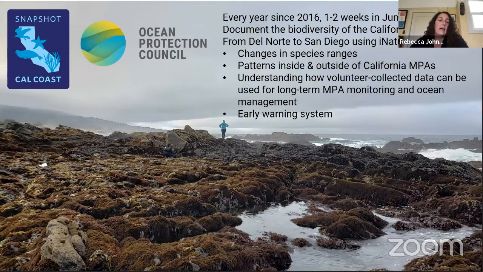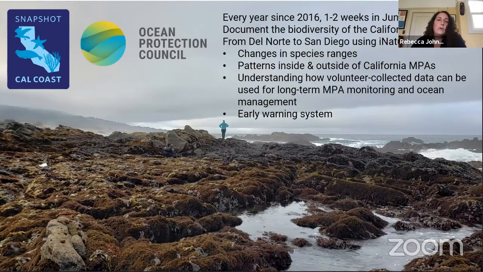So every summer since 2016, over 1 to 2 weeks in June, we've been working together with volunteers to get out and document all of the species that they can see along the coast in their local places that they know well. And together, we can look at all of those data and see not just changes at one place like Pillar Point, but what's happening all along the coast.